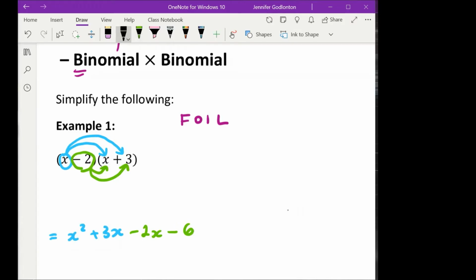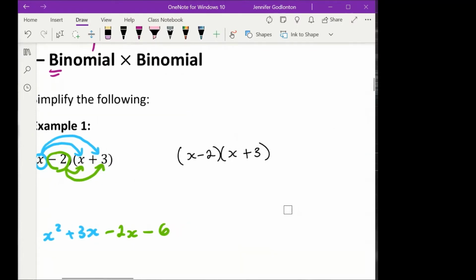Now, the reason some teachers teach this using the word FOIL is because the F stands for first. So first term and first term.